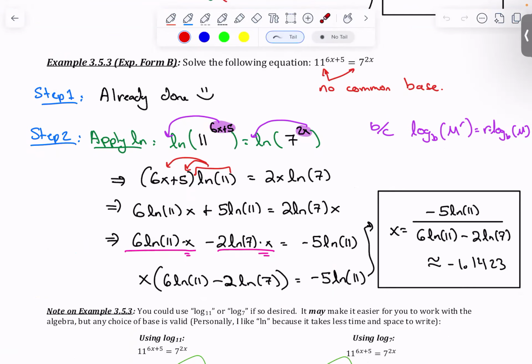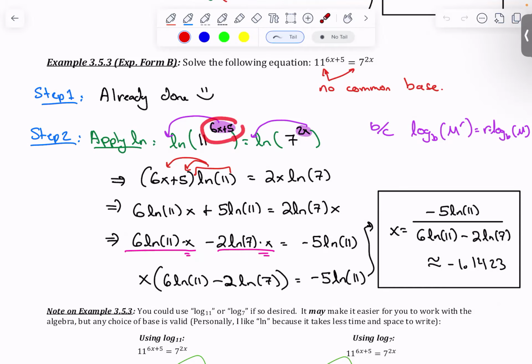And so what we do is utilize the natural log, because any logarithm can bring down exponents. But in particular, natural log is faster to write. You could use the common log, log base 10, if you wanted to, but ln seems to be the fastest one to write, so it's the best one to choose.